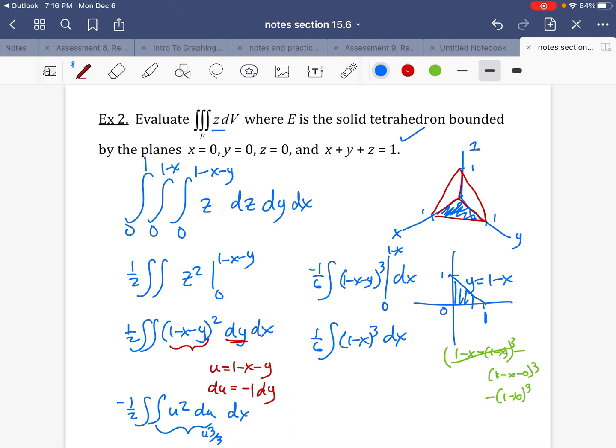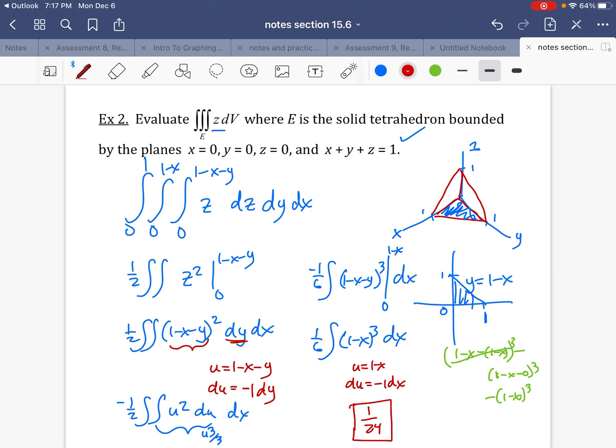So you're welcome to put that in your calculator. You could also do some u substitution, 1 minus x, and then du would be -1 dx, and plug that in, integrate u to the third. But either way you do it, your final answer will be 1 over 24.